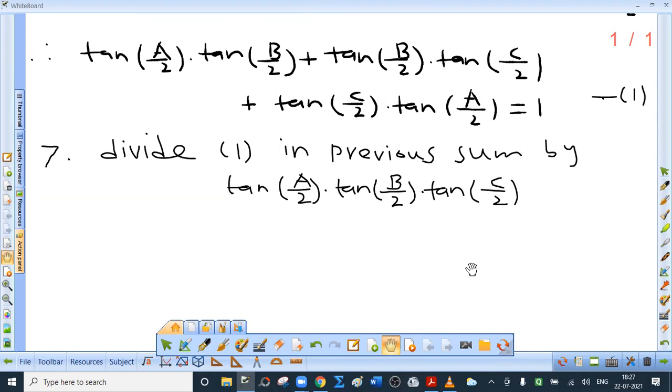Sum number 7. Prove that cot A by 2 plus cot B by 2 plus cot C by 2 is cot A by 2 into cot B by 2 into cot C by 2.